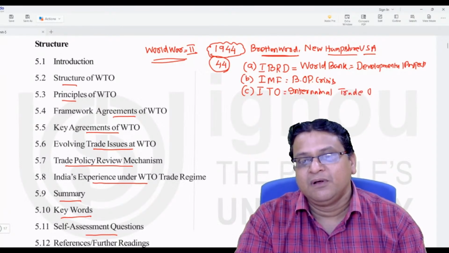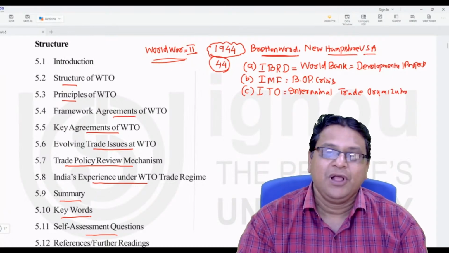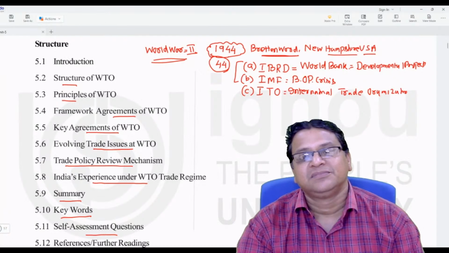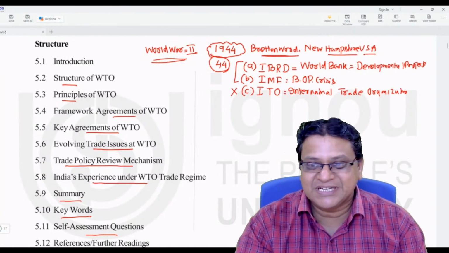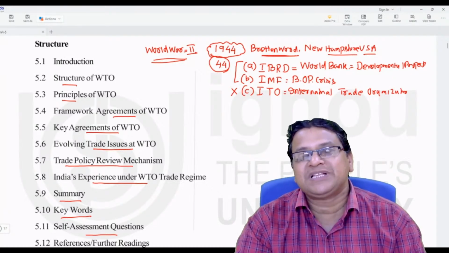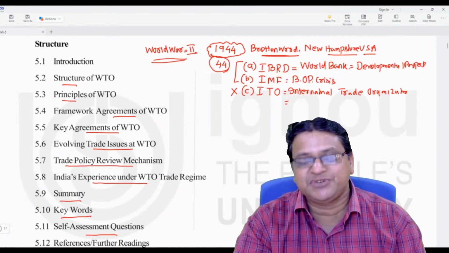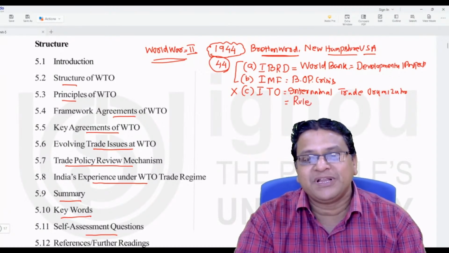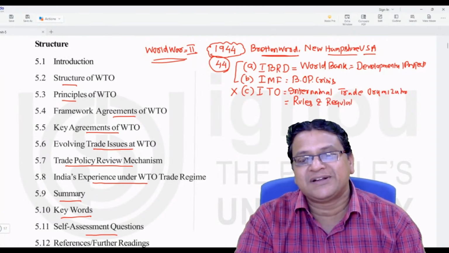So the countries decided to set up three institutions, but only two institutions were formed, IBRD and IMF. But ITO, International Trade Organization, was planned as a permanent institute which will frame rules and regulations for international trade.